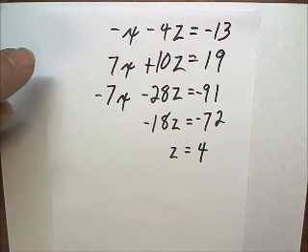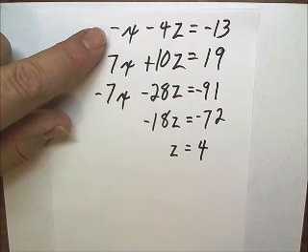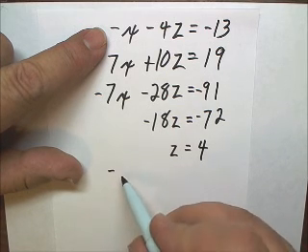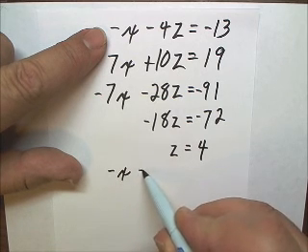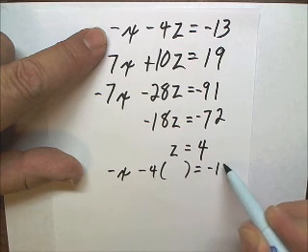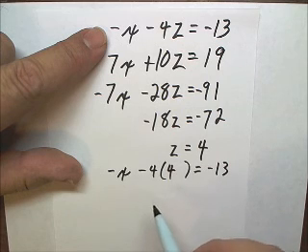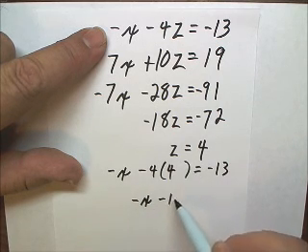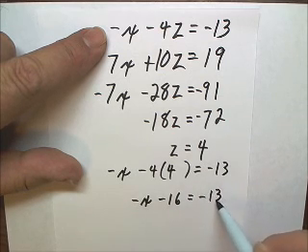So z is equal to 4, and let's try substituting into this first equation. Getting that ready for substitution, it's negative x minus 4 empty parentheses equals negative 13. Z is equal to 4. So minus x minus 16 equals negative 13.